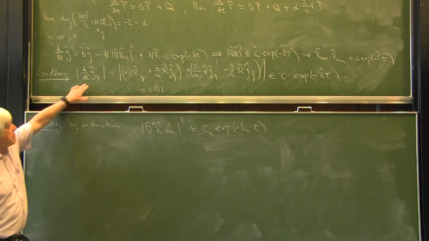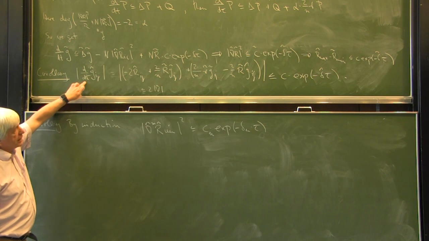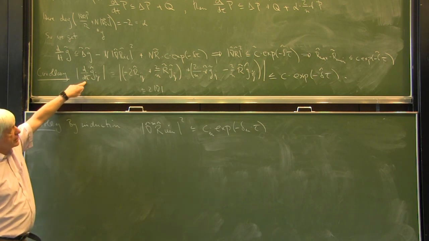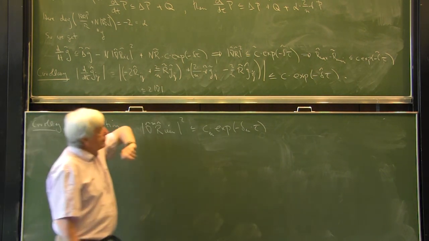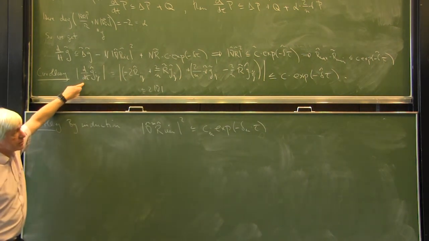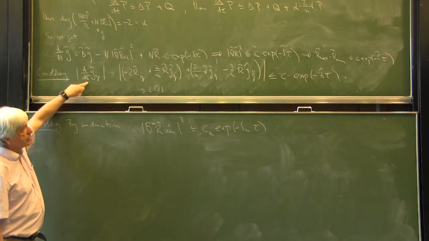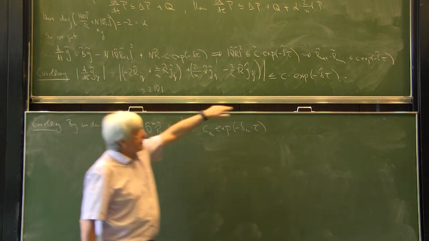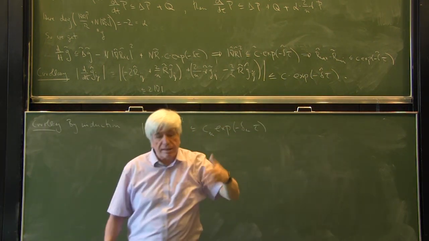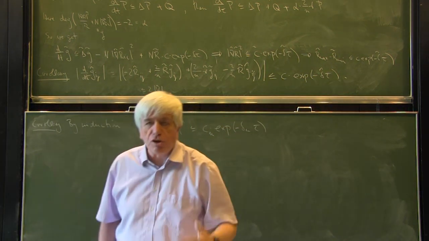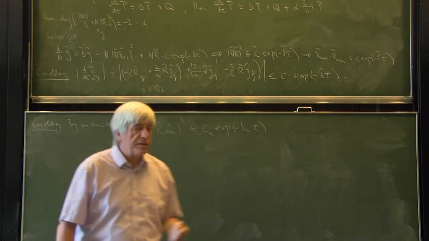And remember, there was this condition that the metrics are all uniformly equivalent if the integral of the time derivative of the metric is finite. But since we have exponential decay, the right-hand side is finite even though the time interval is infinite.